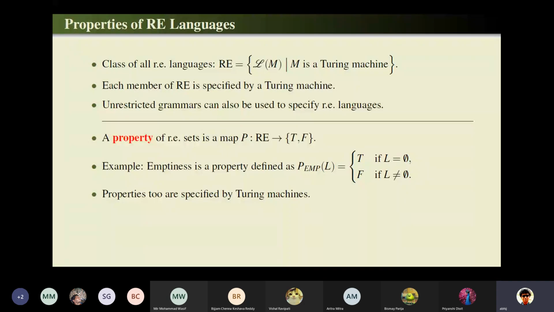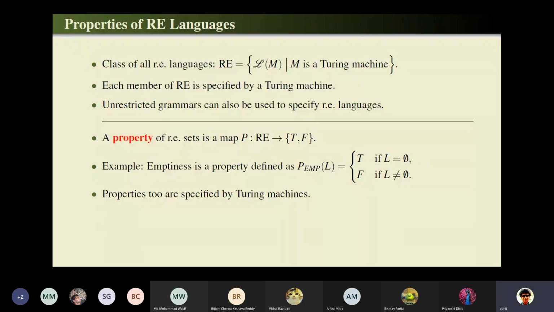So once again, it says that I can specify only countably many properties, although infinite. But anyway, that's the inherent restriction of, I would say, mathematics or computability.